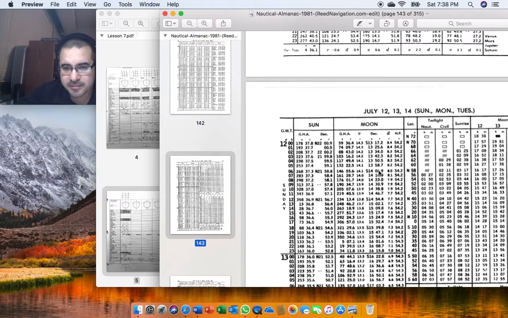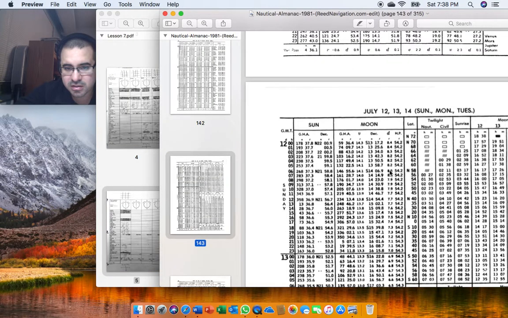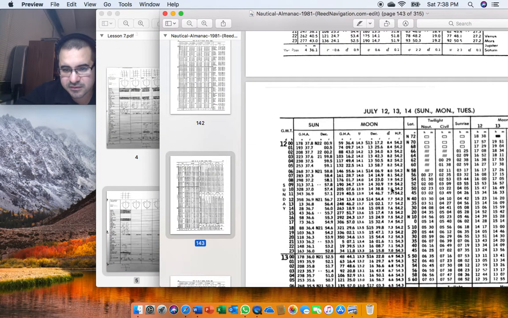And the D correction, we might have to use the HP, but we haven't hit that topic yet. 7.7 for our D, and it's going down, so negative. Our D correction is 8. What? Oh yeah, it is 8. I'm sorry. It is 8. It's positive.